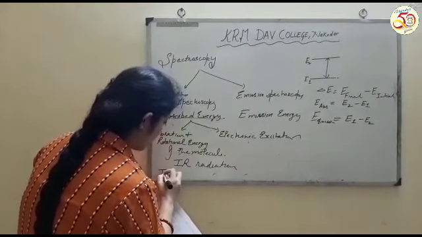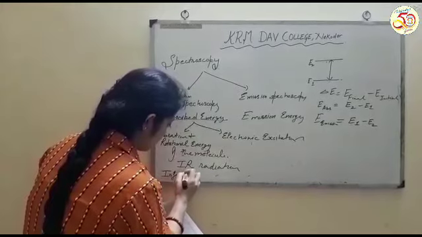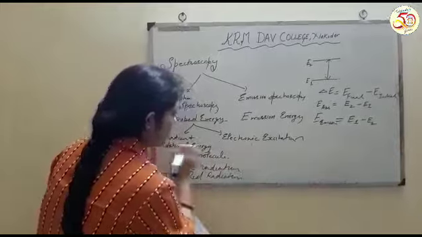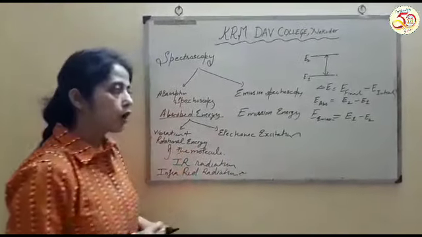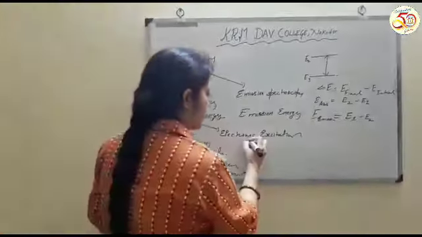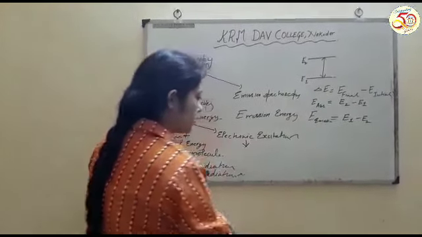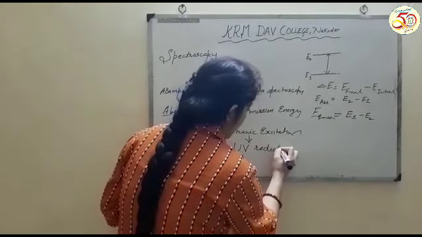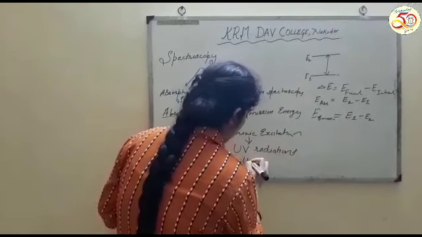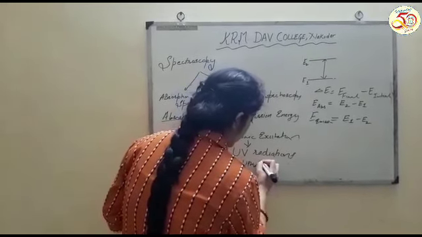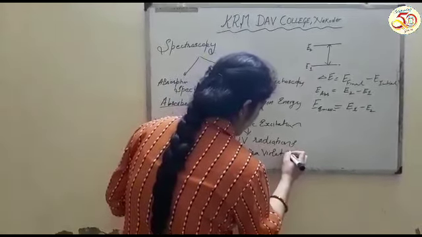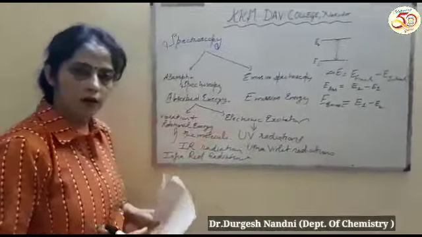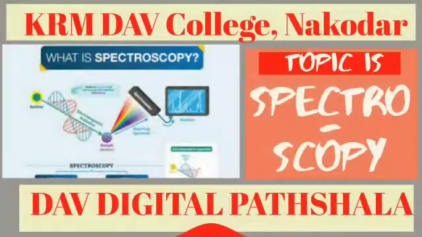IR radiations are infrared radiations. However, electronic excitations can be done by using UV radiations. UV radiations means ultraviolet. Both radiations are of different wavelength. We will discuss it later.